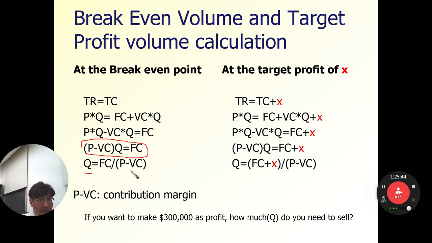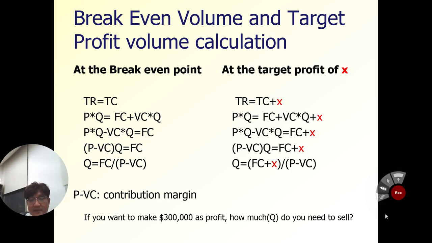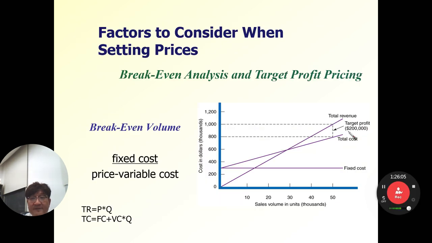Now, what if we have a specific profit level, the so-called target profit? What if our target profit is 200,000?